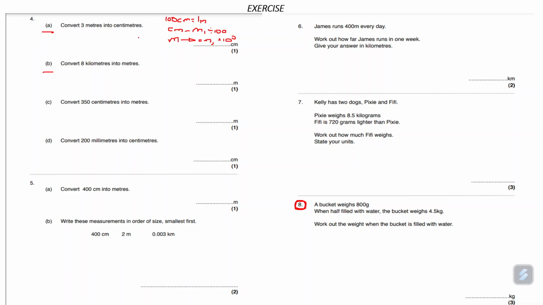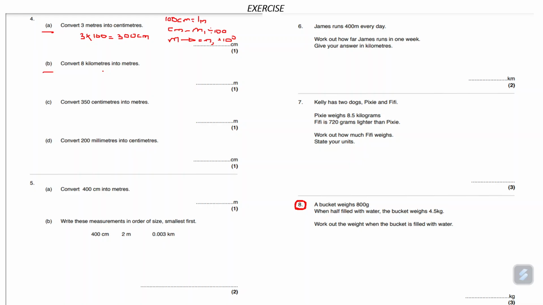Remember, if you are converting from meter to centimeter, you multiply by 100. In other words, our answer will be 3 times 100. That will be 300 centimeter.